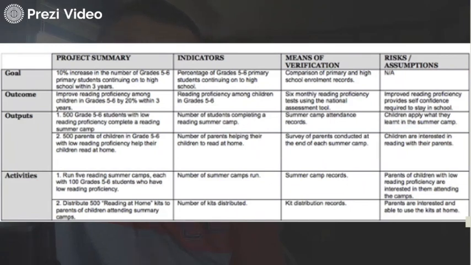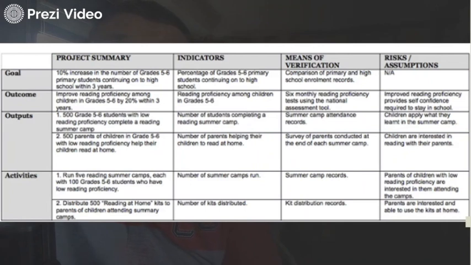And the indicator will be the number of summer camps run, the number of kits distributed, and the means of verification will be the summer camp records and the kit distribution records. The assumption is that parents of children with low reading proficiency are interested in them attending the camps, and the parents are interested and able to use the kits at home.